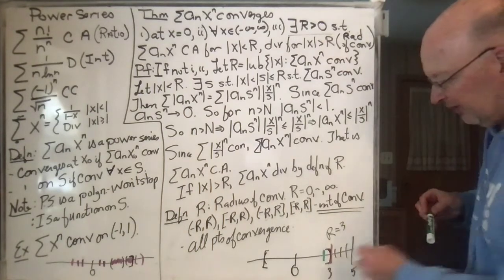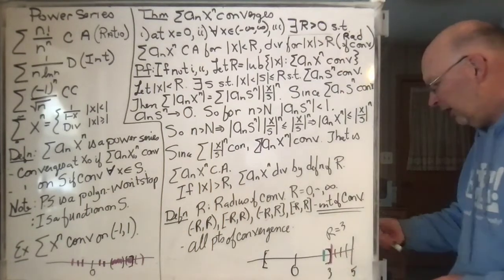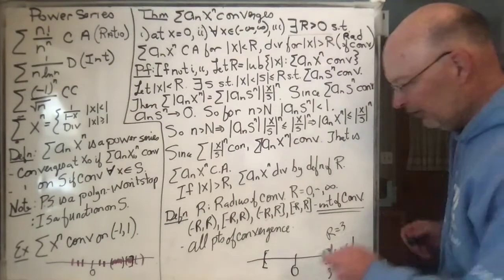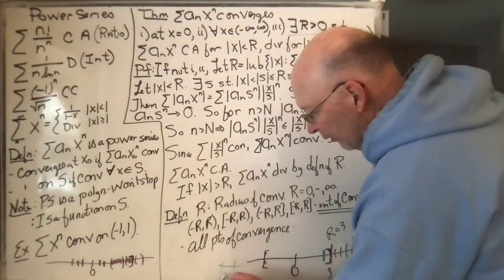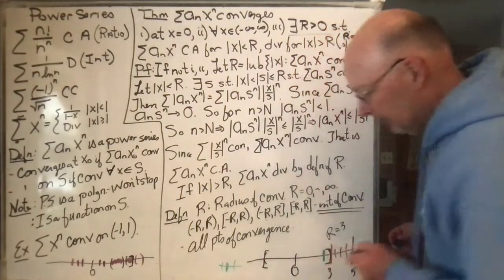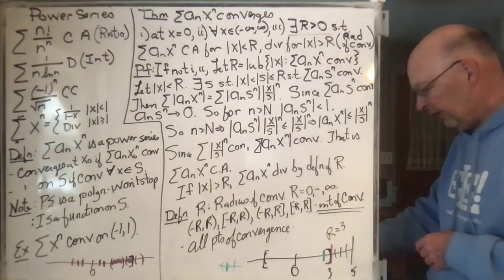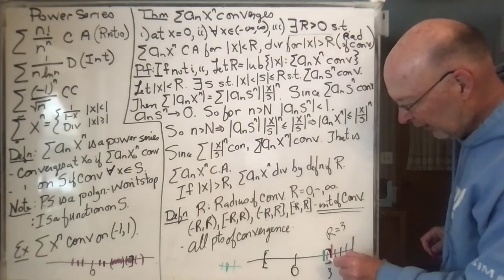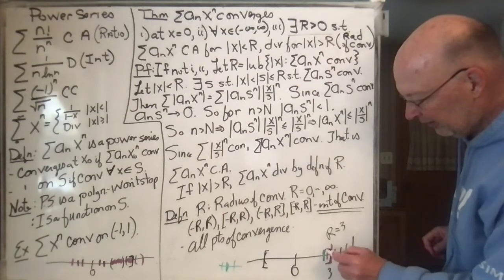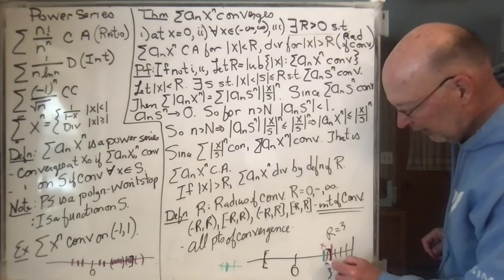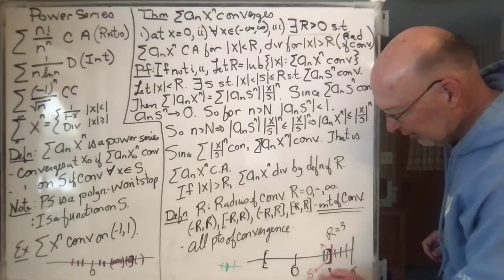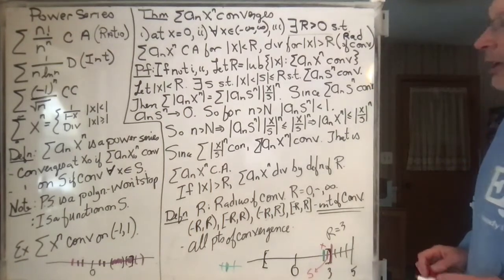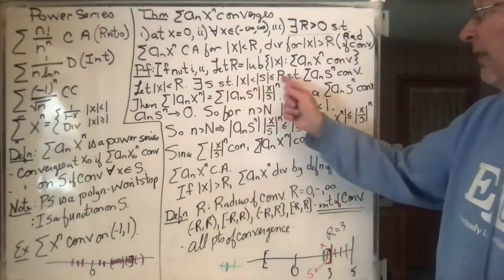So basically, whenever you have two real numbers and one number is less than the other one, you can always find one in between. Okay, you can always find one in between. So here, since this thing is less than R, I can find one in between right there, and that's good. This is my x, and this one right there is my s. Okay, they're both less than R. So there's something in between.